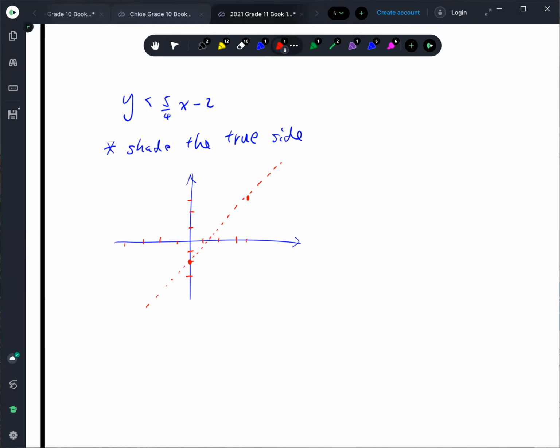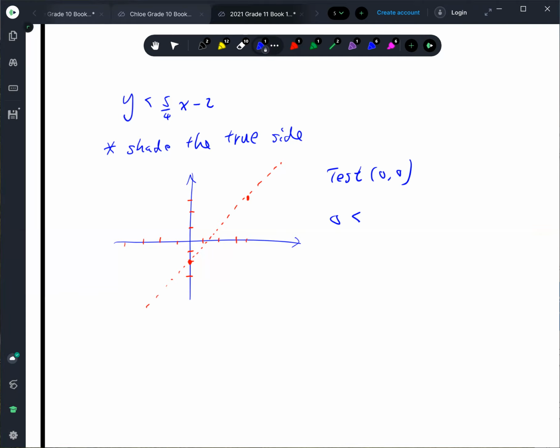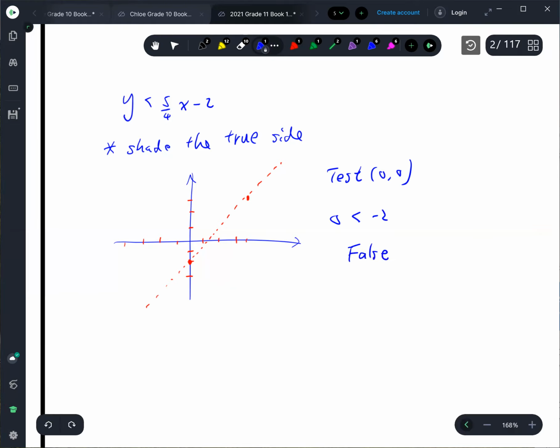You pick a point, plug it in. If you test 0, 0, you get 0 is less than -2. Is that true or false? It's not true. False, right? So 0, 0 is on the upper side, and you shade the other side.